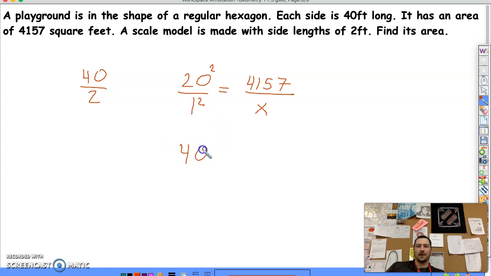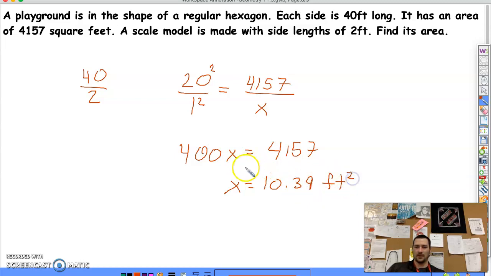So you'd get 400x equals 4,157. Then of course you would divide by 400. And it looks like we'll have an area about 10.39 feet squared. So again, square the side lengths.